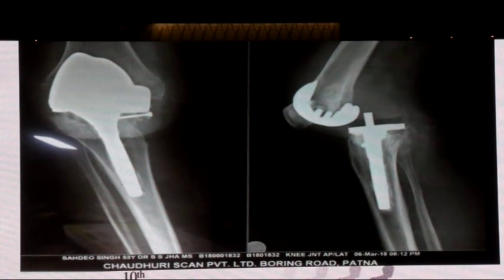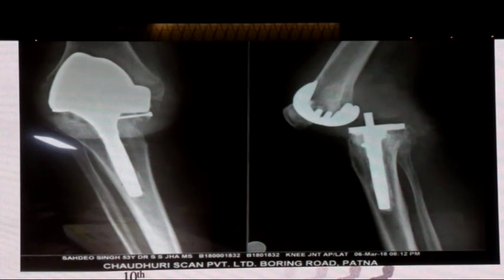And look at the X-ray. There is dislocation, and like invariably the majority of the dislocations, it is a posterior dislocation.